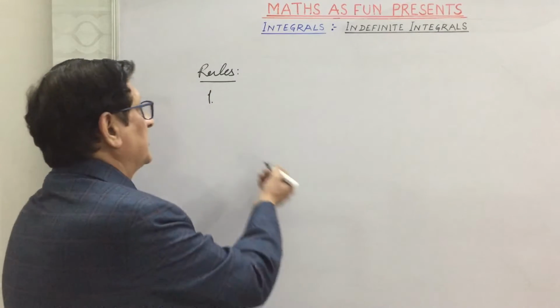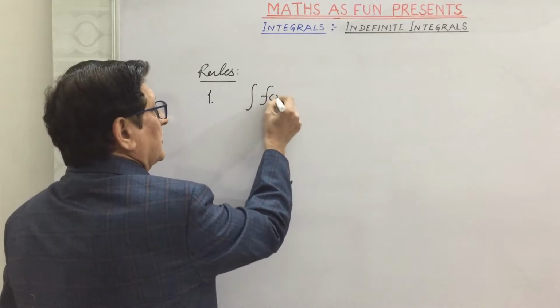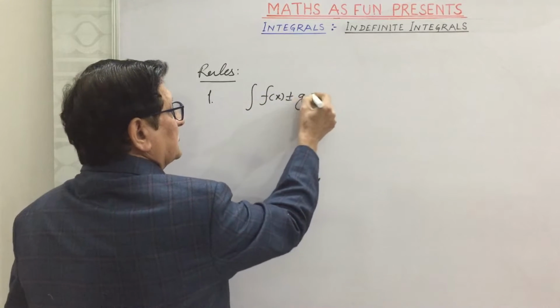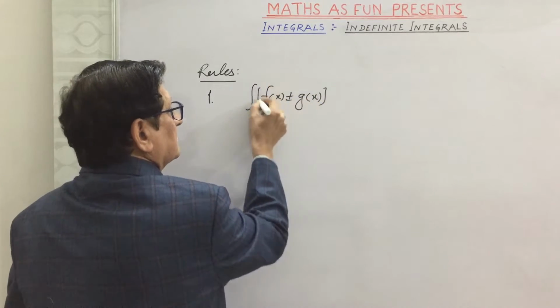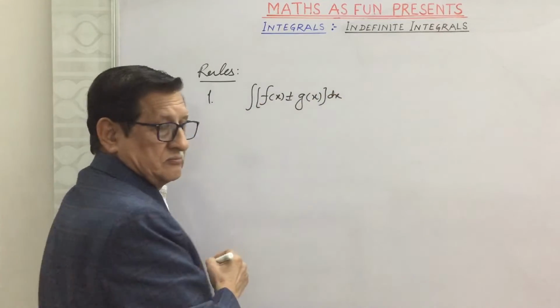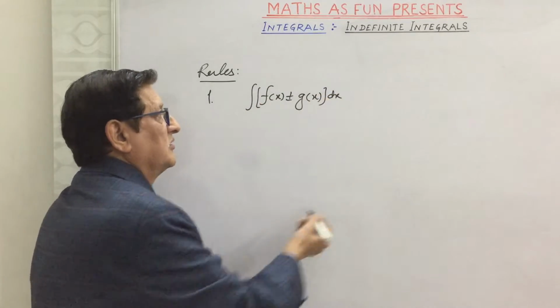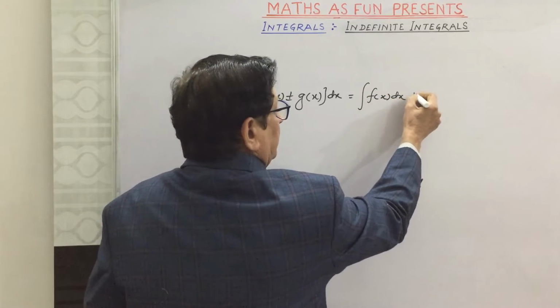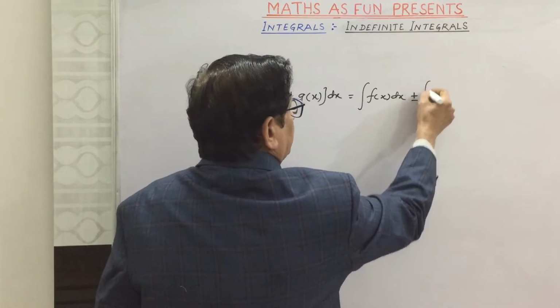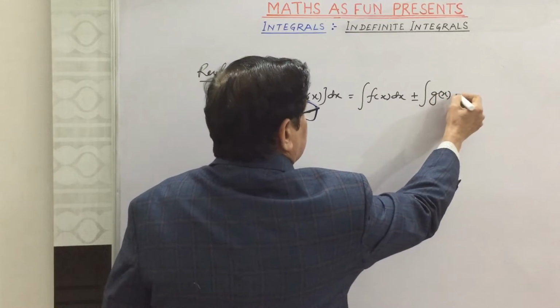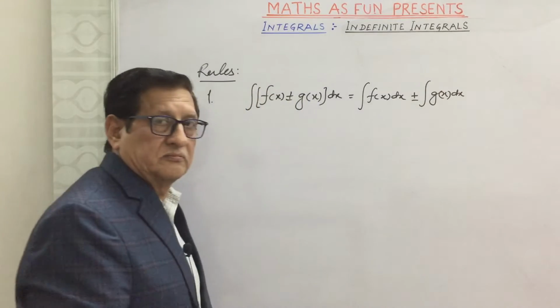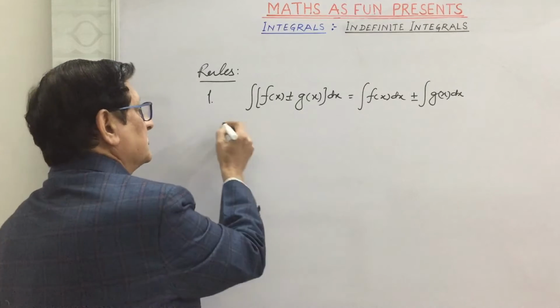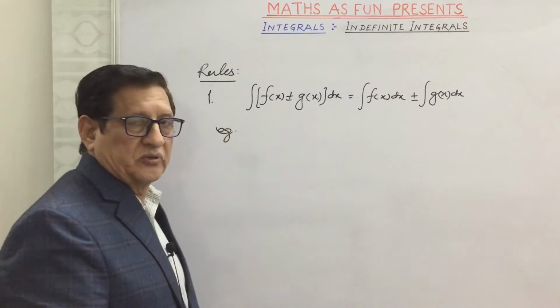So this rule says, to find the integral of f(x) plus minus g(x) dx, means with respect to x, we can find the integral of f(x) separately and add or subtract the integration of g(x) with this. To understand this, let's take one of the example.